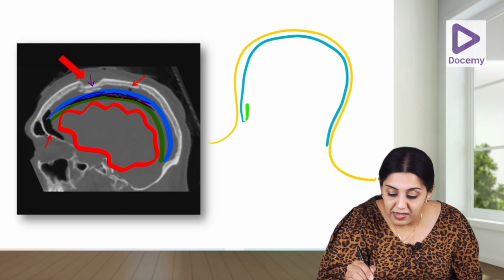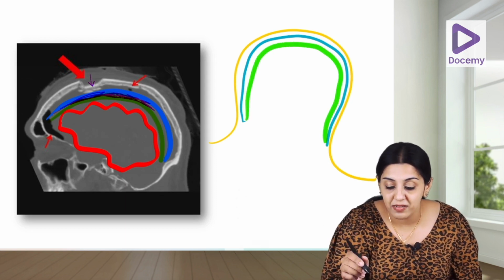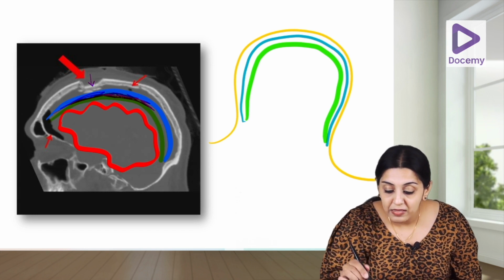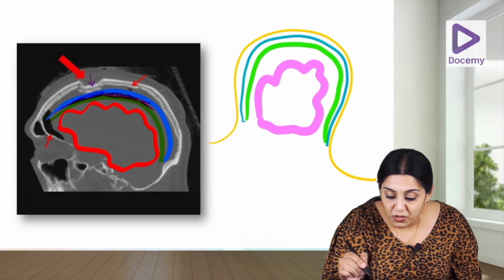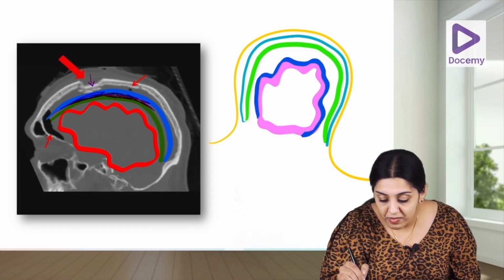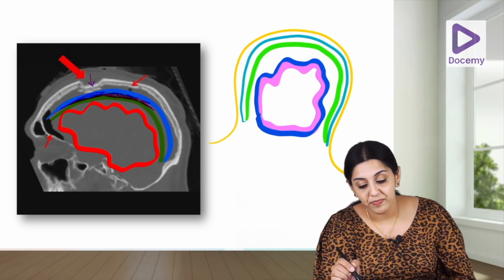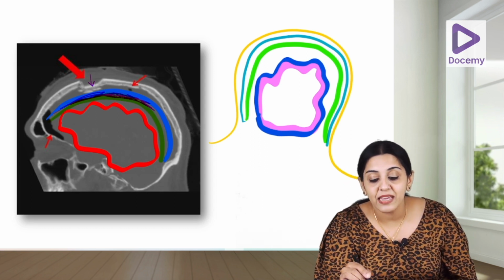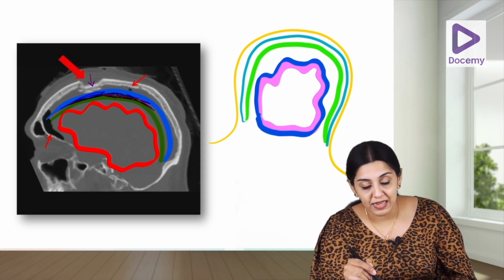Underneath that you have the arachnoid mater, which is the second layer of the meninges. Then underneath that you have the pia mater, which is in close proximity with the brain. So you can't have a cavity in between brain and pia mater, but you can definitely have a cavity or a potential space in between the other layers.